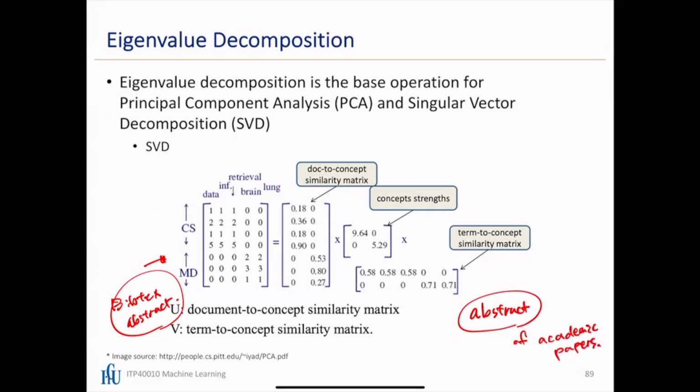Especially in this experiment, we used a set of academic papers from the computer science and medical domains. So you have the summaries of multiple papers in your data set, and you took a representation for the text data called bag of words. And you applied SVD on your data. And the result becomes like this.